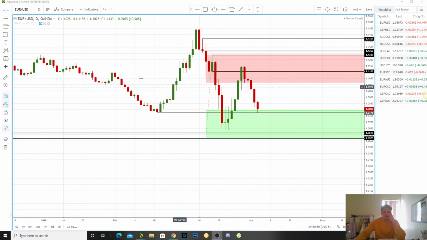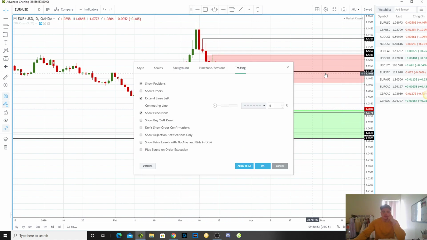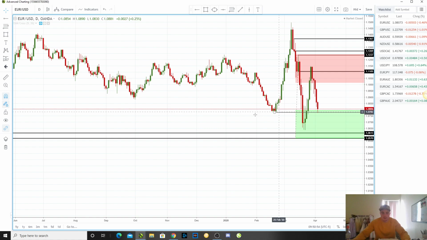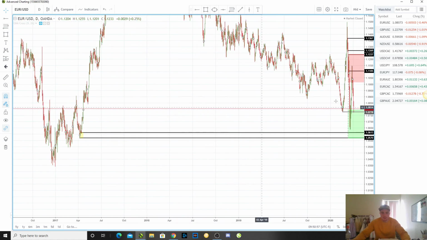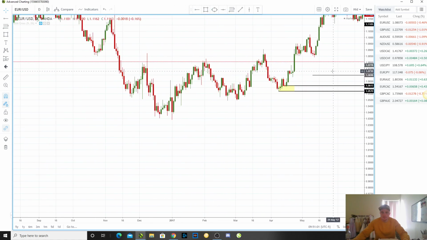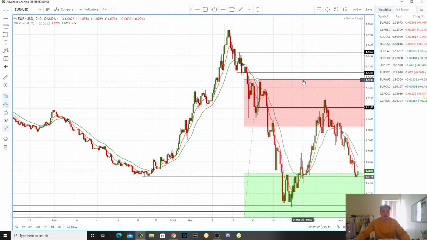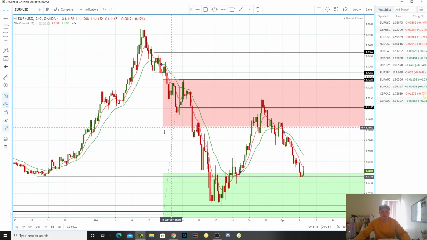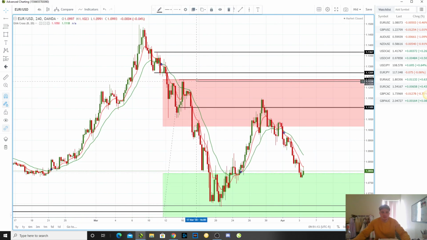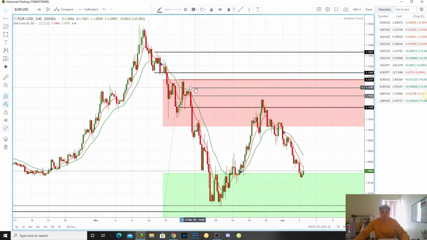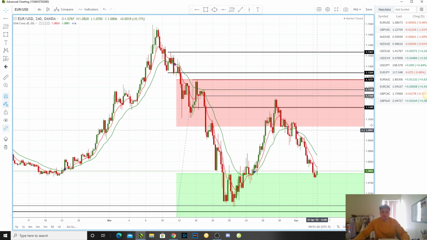All right, so we just do the same thing, but I use the gray lines just to separate the colors. Makes it easier for me to know what I'm looking at. So really, that's the breakout. Look, price actually came down into there. So then any zone above the breakout is a good one to look at. So that would be the zone on this chart.